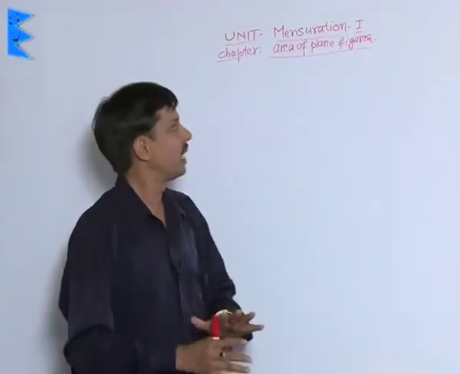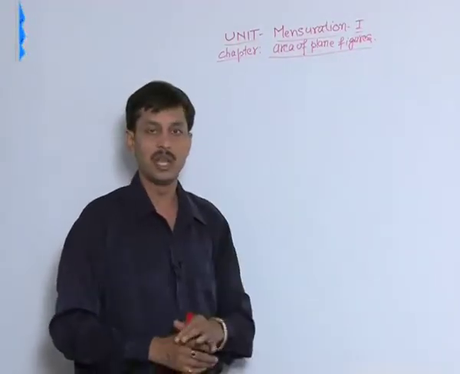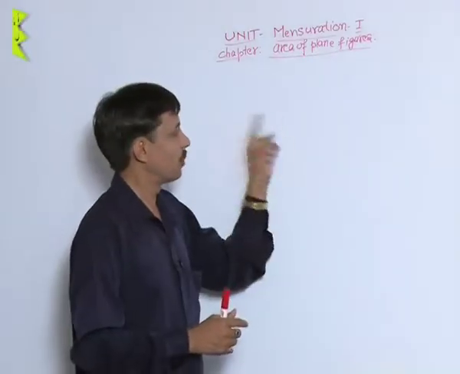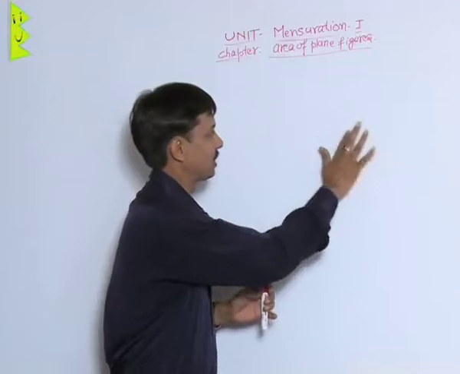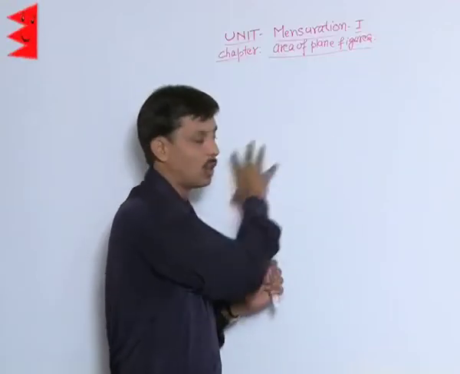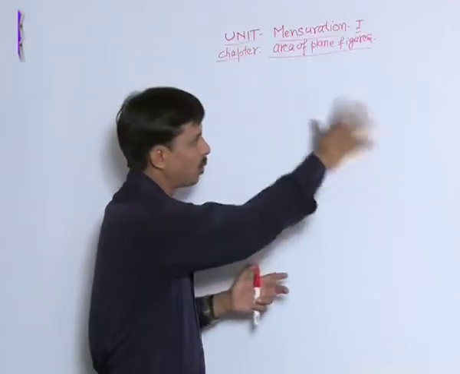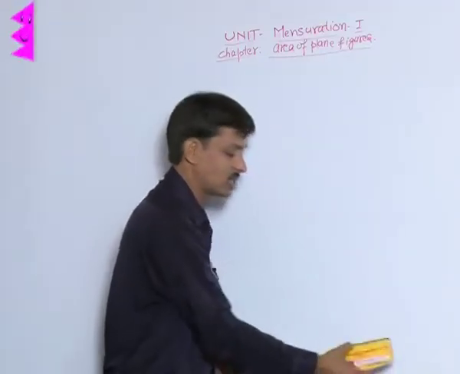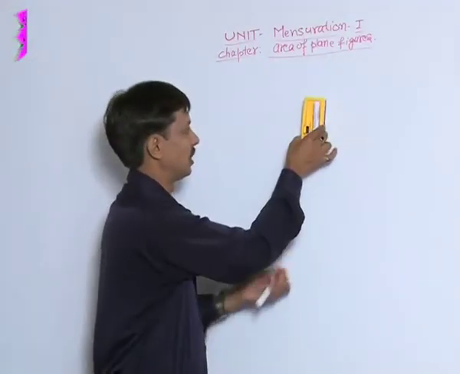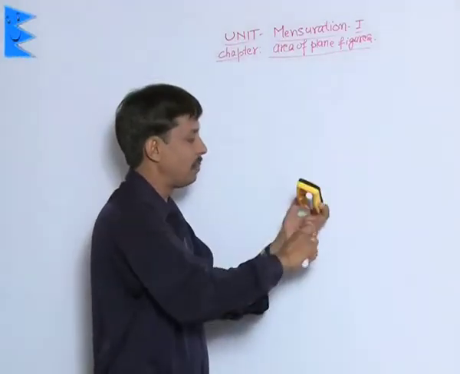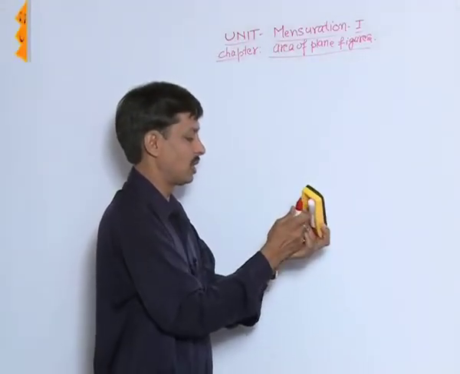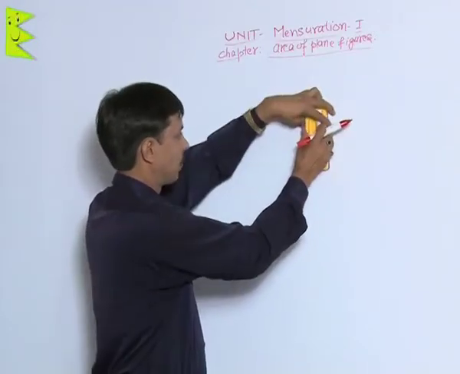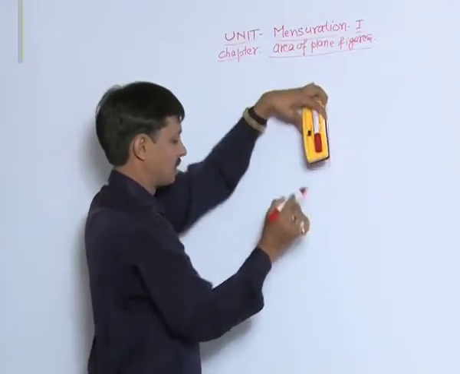In fact, when I am saying area of plane figures, it means I am talking about surfaces. So this is a whiteboard, and this surface of the board is enclosing some area. On this surface, if I put this duster and make the boundary of the surface which is enclosed by this duster, then what is the value of the surface?